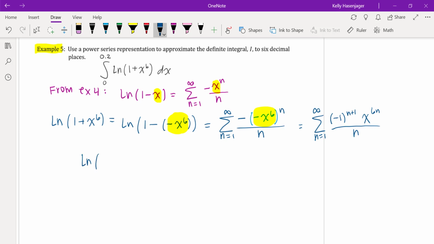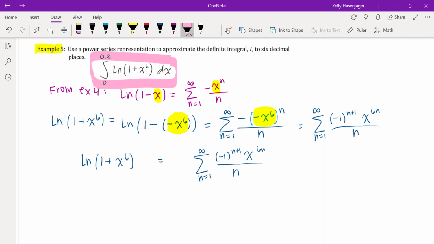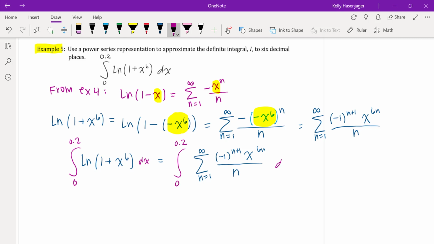We have ln of 1 plus x to the 6th equals the sum, n equals 1 all the way to infinity, of negative 1 to the n plus 1 times x to the 6n power all over n. Our original problem wants us to integrate that, so that's exactly what we're going to do. We're going to integrate both sides with respect to x, from 0 to 0.2, dx.